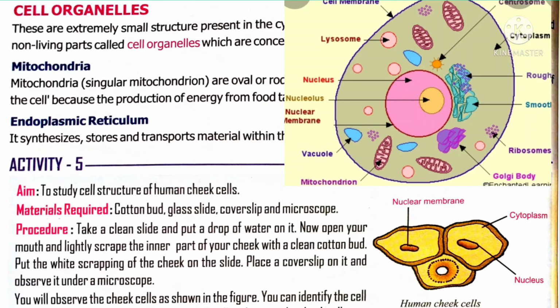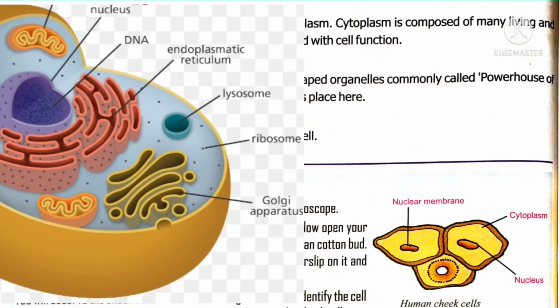This is also the powerhouse of the cell. Why is it called so? Because it produces energy by using the food which we take. The other organelle is endoplasmic reticulum. It is called ER. It synthesizes, stores and transports material within the cell. Its function is to store and transport materials.